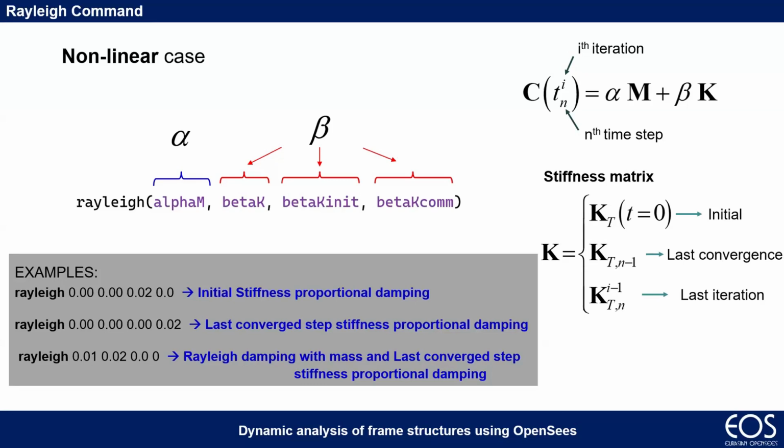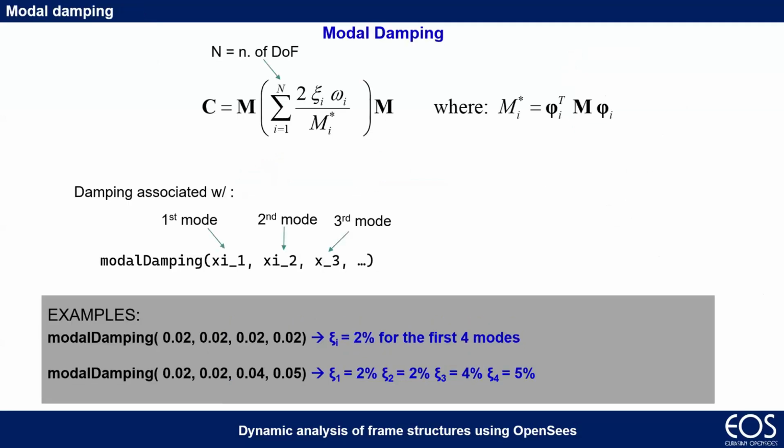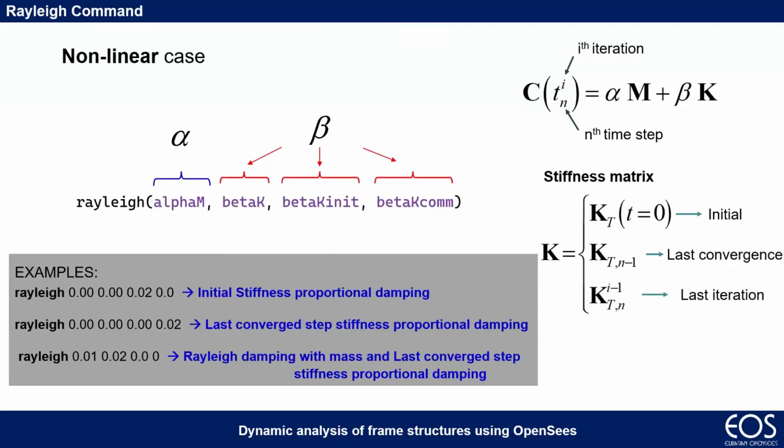For example, in Rayleigh, you can define the beta related to which stiffness I want, okay? So initial one at the beginning of the analysis, the one at the previous step, the one at this step, but the previous iteration, okay? Questions about Rayleigh? Yes, no problem.